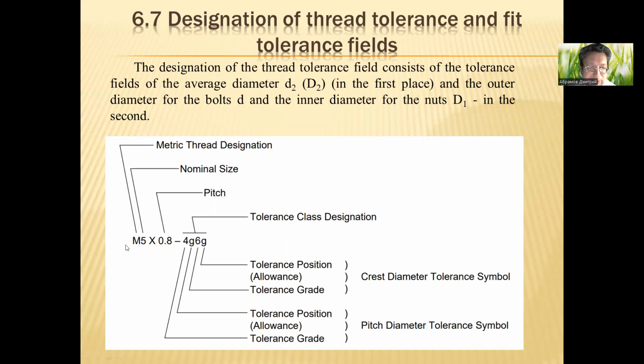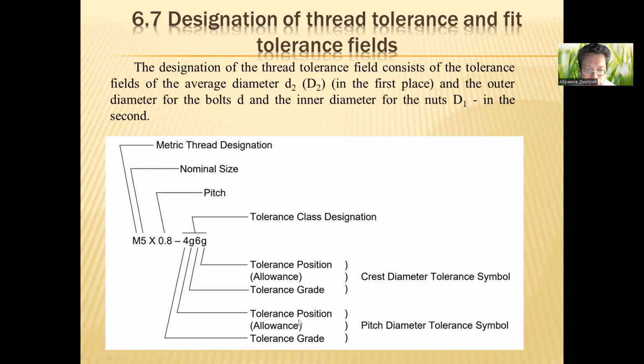So you can see the designation M5 by 0.8, 4G, 6G. So M is metric thread designation. 5, nominal size. It's nominal diameter 5 millimeters. 0.8, it's pitch. 4G and 6G, it's tolerance class designation. 4, tolerance grade.